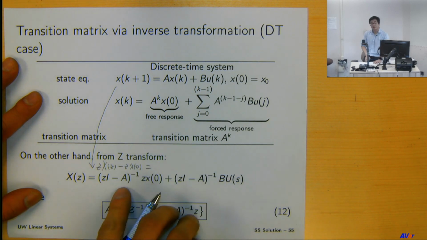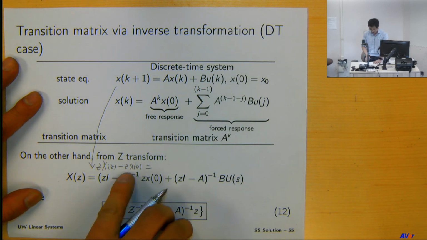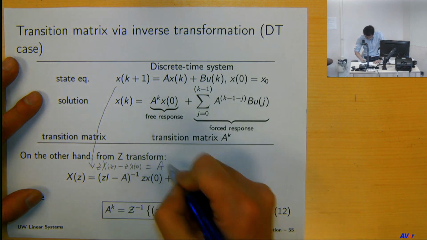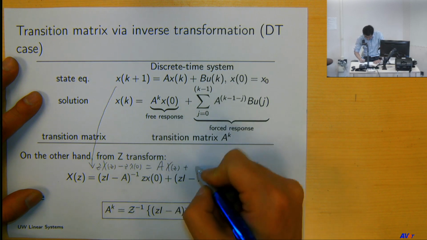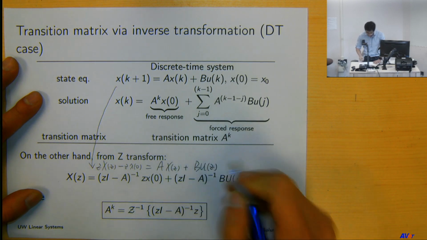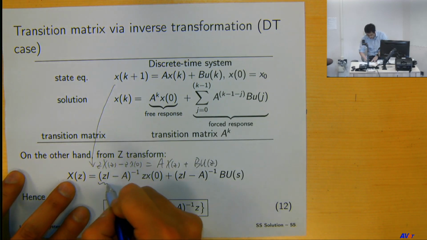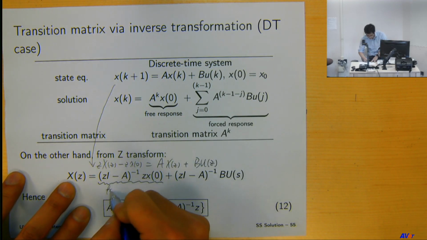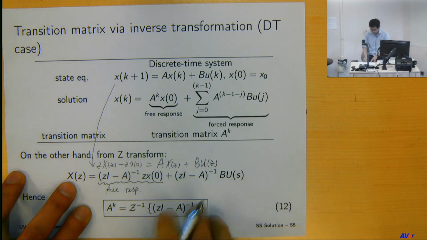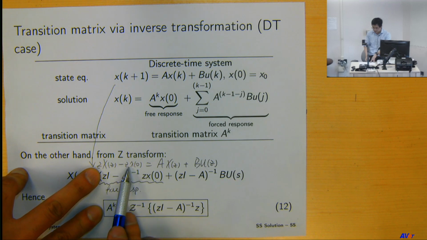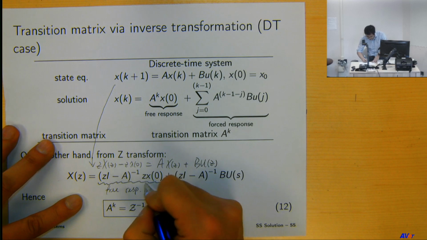In the Z transform case, there is a separate z standing out in the initial condition. Similarly, you can obtain X(z), especially the free response: (zI minus A) inverse times z times x0. This is the little separate term in the discrete time case.